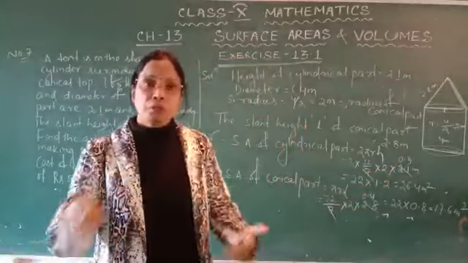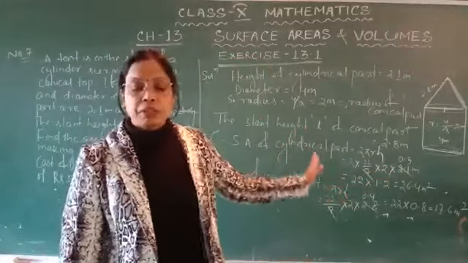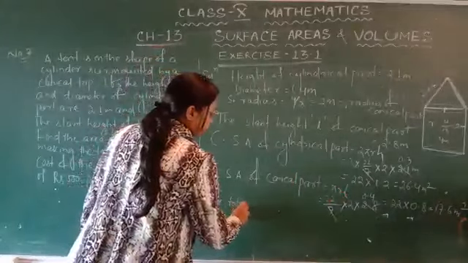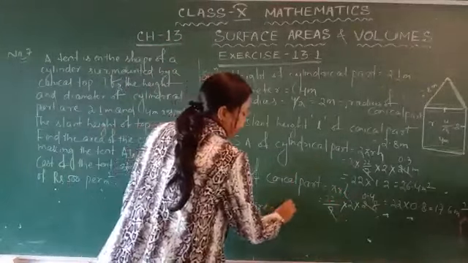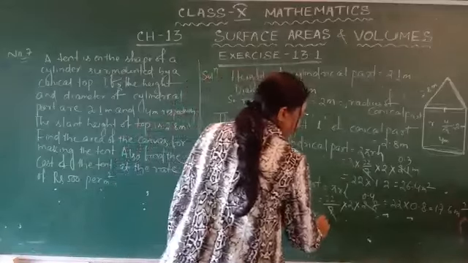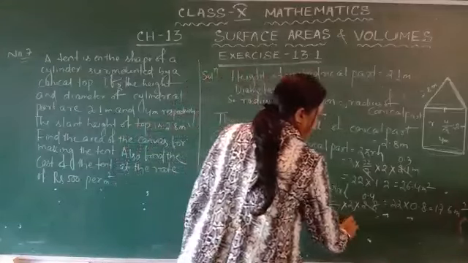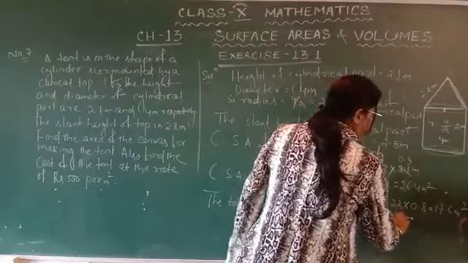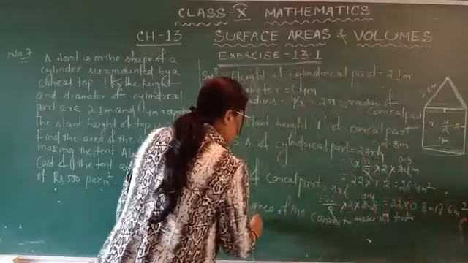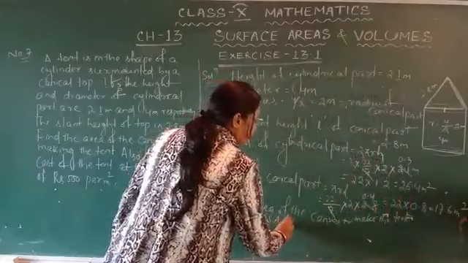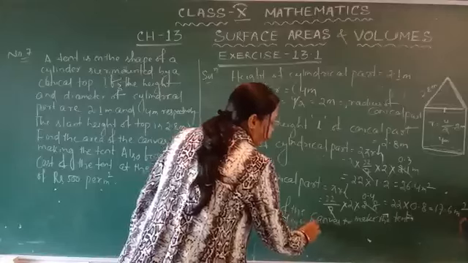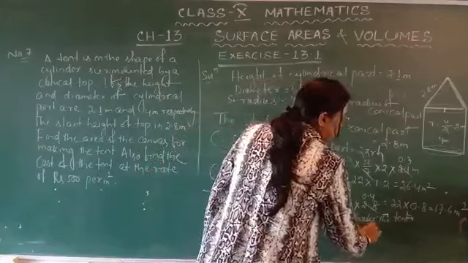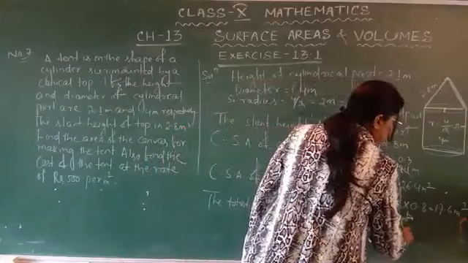So the total area of the canvas to make the tent is equal to the curved surface area of the cylindrical part plus the curved surface area of the conical part.